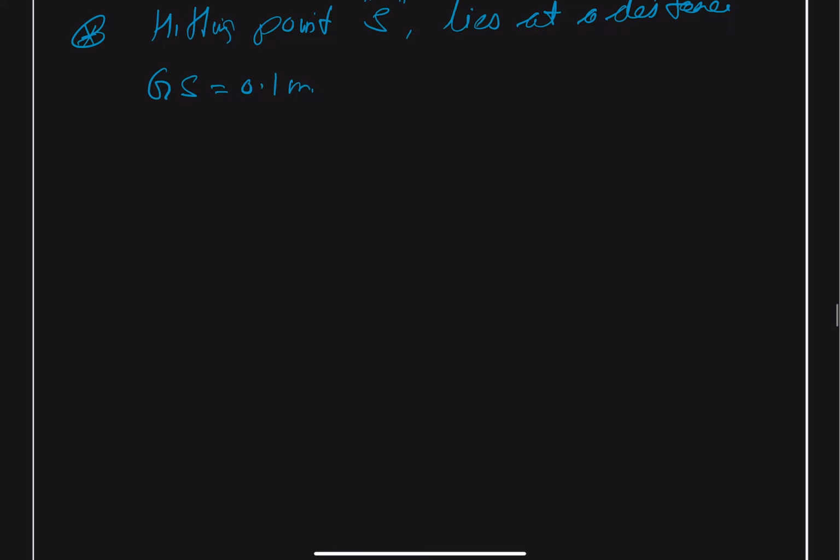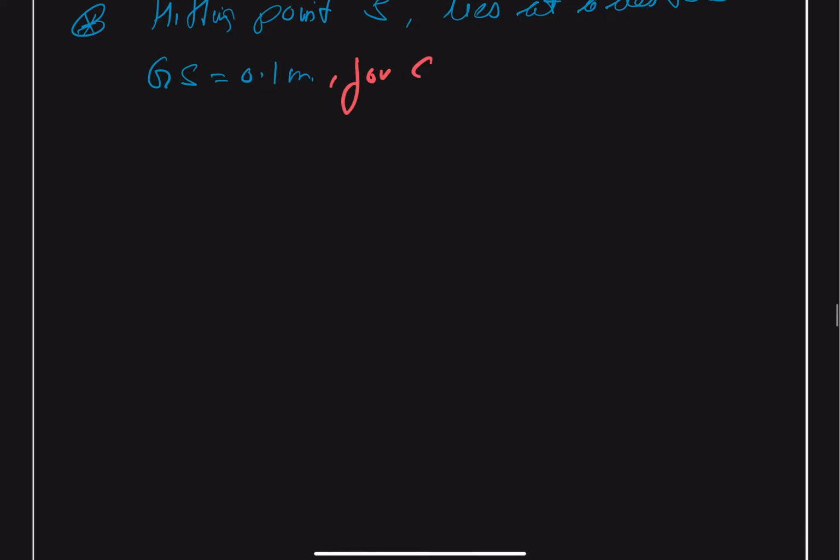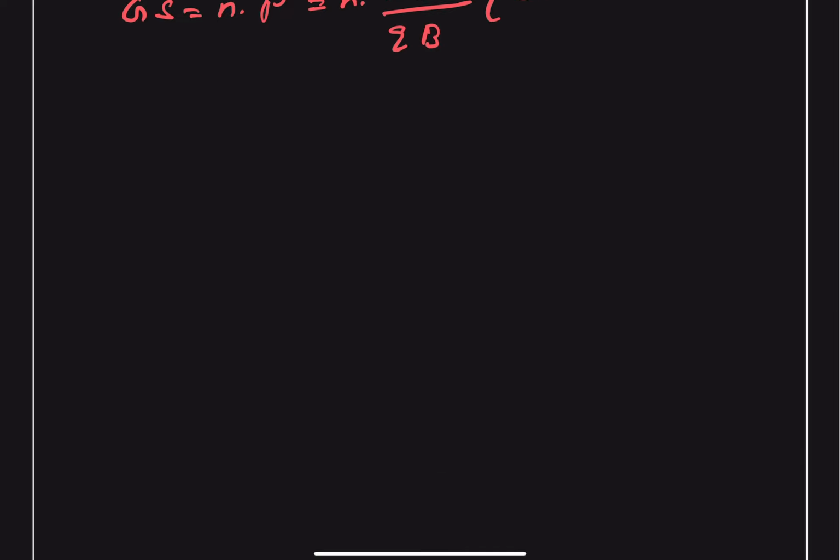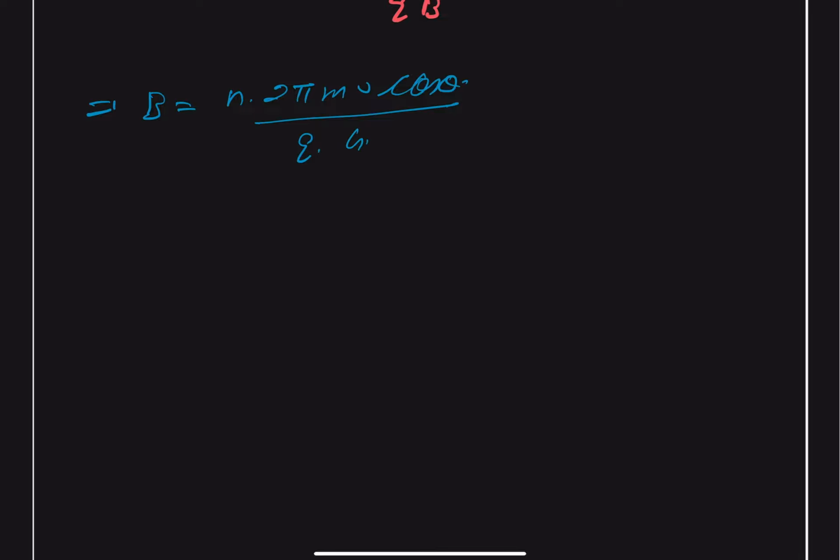And the condition is that the distance GS is equal to n multiplied by p, and substituting the value of p, that is our pitch, 2 pi m divided by q B, and this we have v cos of theta. Therefore, the magnetic field will be equal to n 2 pi m v cos theta divided by q multiplied by GS. And for minimum value of B, the value of n should be equal to 1.